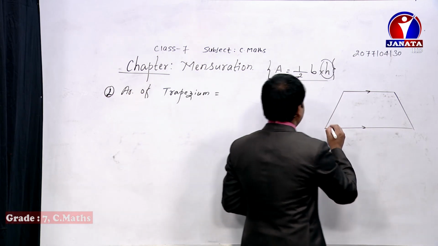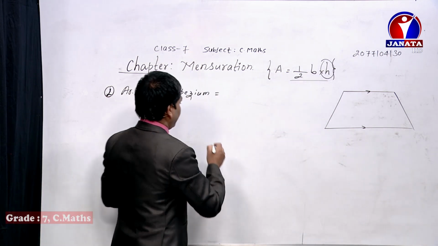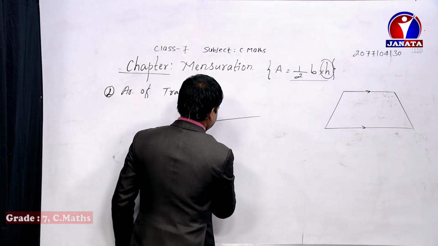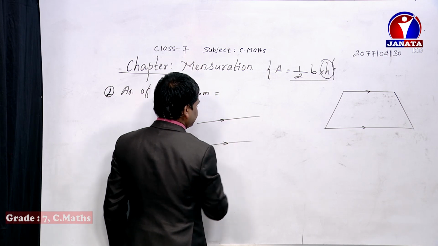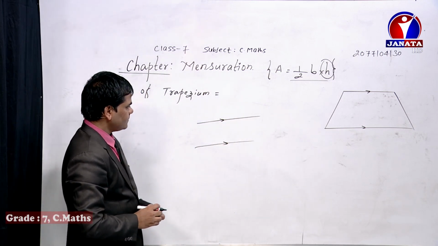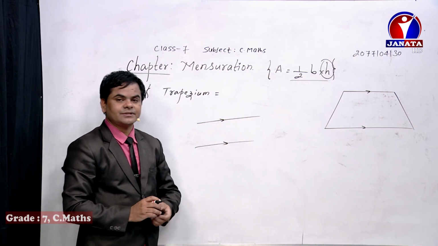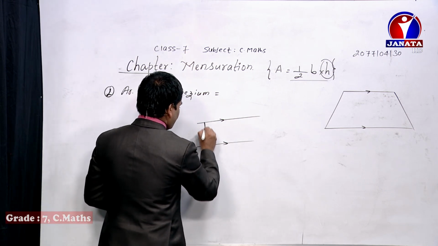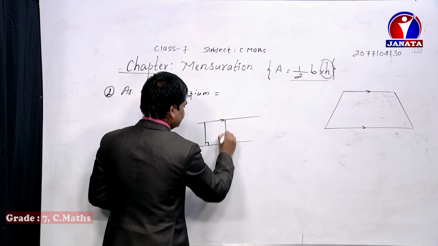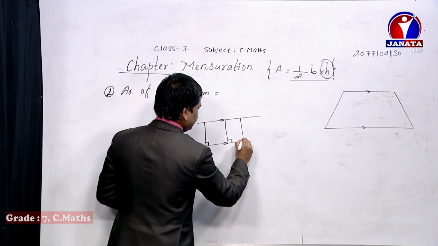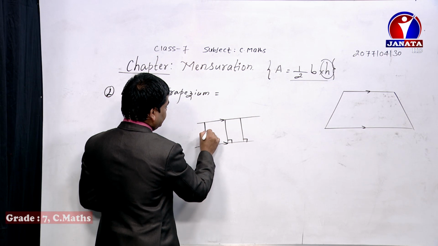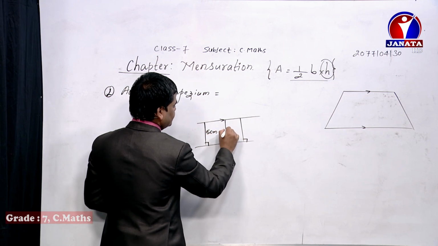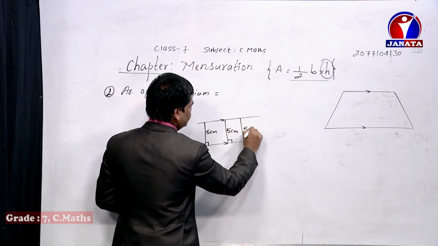One thing we need to keep in mind when we take the concept of parallel lines: if these two lines are straight and parallel to each other, and we draw perpendicular lines, then if the length of this one is 5 centimeter, this one also becomes 5 centimeter, and this one also becomes 5 centimeter.